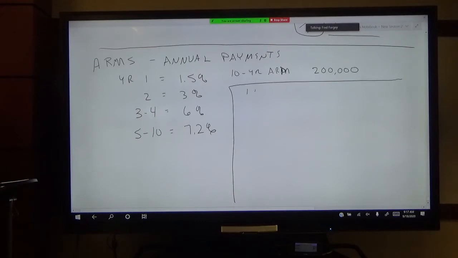All right, so we start off one payment per year. And we're going to have 200,000 as our loan amount. Our initial interest rate is 1.5%, and our loan term overall is 10 years. So we have to start with that, and then we get our first year's payment.